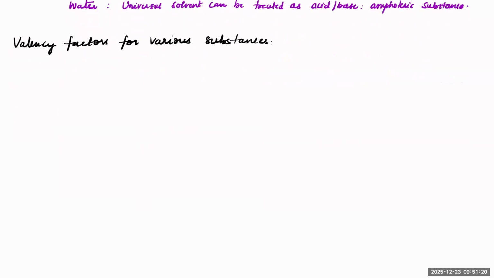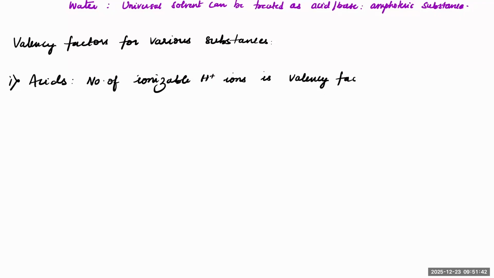The first one is for acids. For acids, the number of ionizable H plus ions is the valency factor or N factor. Got it?